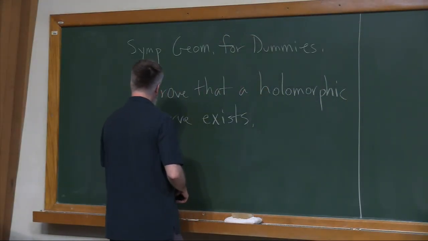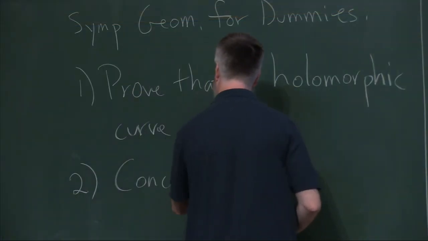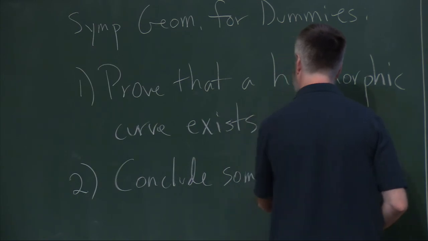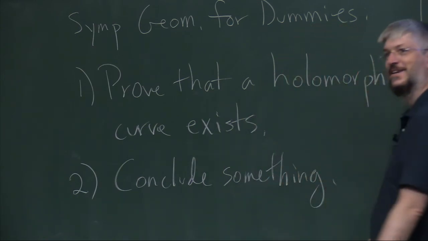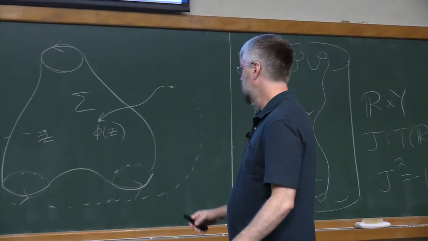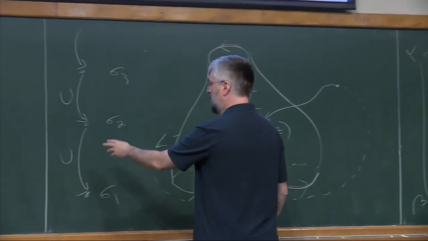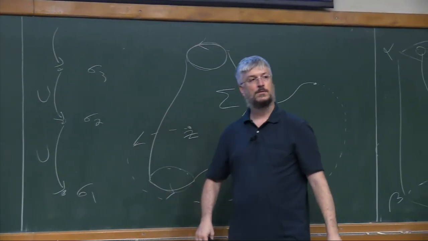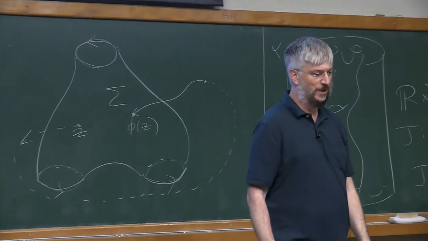And two, you conclude something. So for the kind of symplectic geometry that involves holomorphic curves, that's how it works. Whenever you prove existence of a holomorphic curve, that's good, and you could try to make some geometric conclusion from this. So anyway, now I have this whole supply of holomorphic curves, which is provided magically by Seiberg-Witten theory.